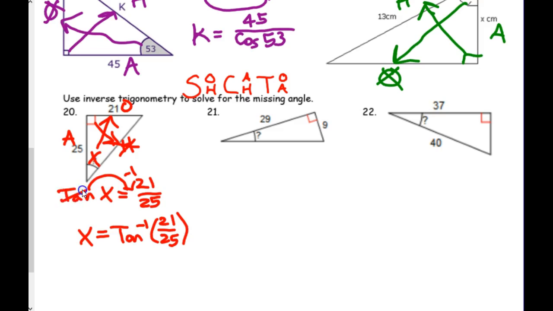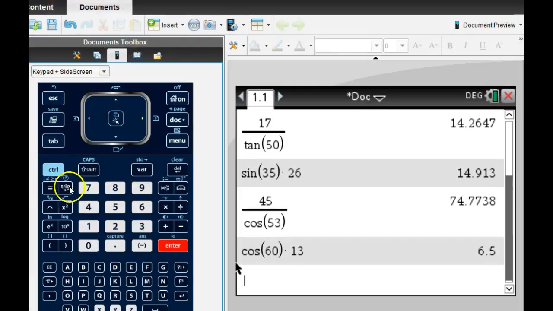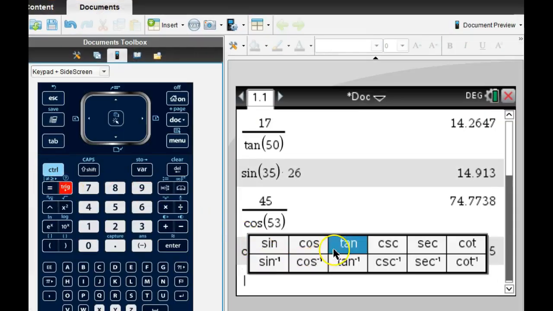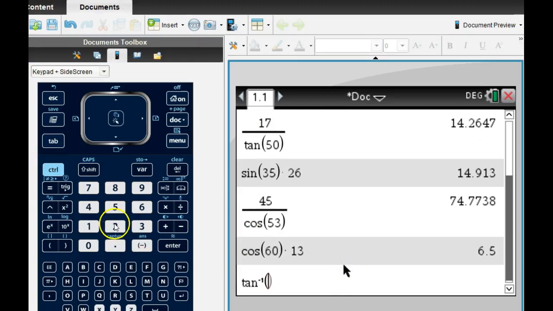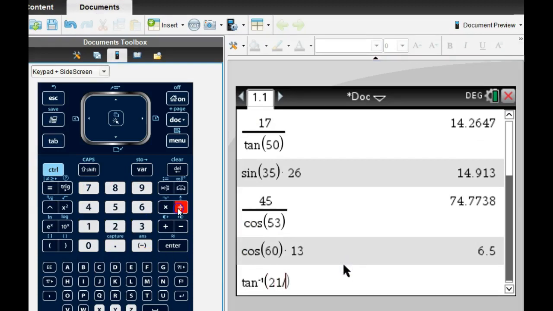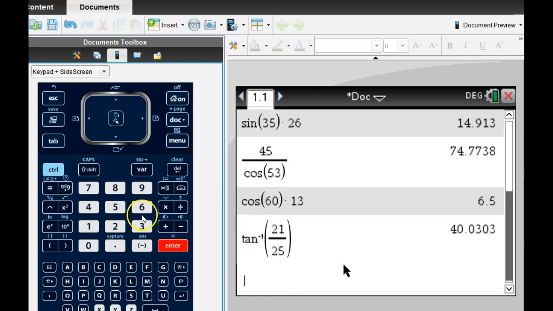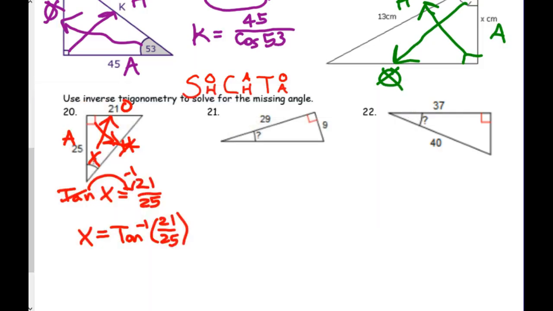So again, to eliminate trig, we do inverse trig. Tan inverse 21 over 25, second row of our trig. And we get 40.03. And since we're looking for missing angles, we got to make sure we put degrees.